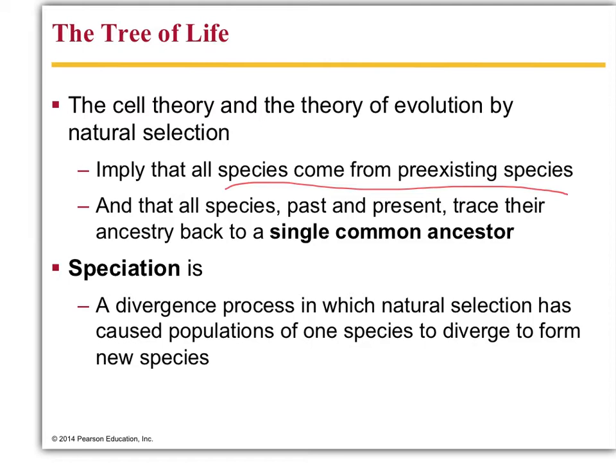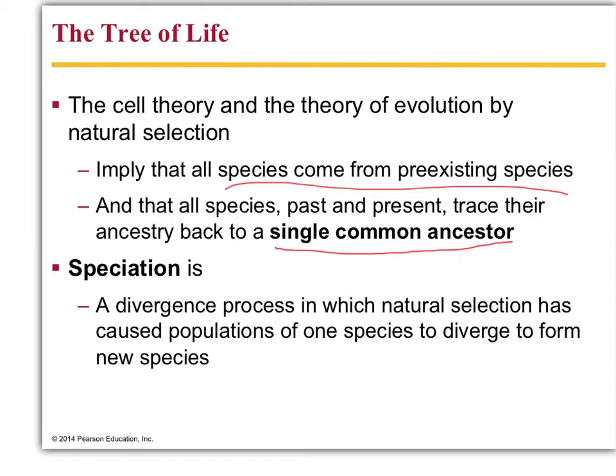What this really tells us is that eventually you have to go back to a single common ancestor. And what the heck was that single common ancestor? It was the original cell that was made back when the Earth was being formed, approximately 3.5 billion years ago. Remember, Earth came into being 4.5 billion years ago, so it took 1 billion years for that first common ancestor to form.